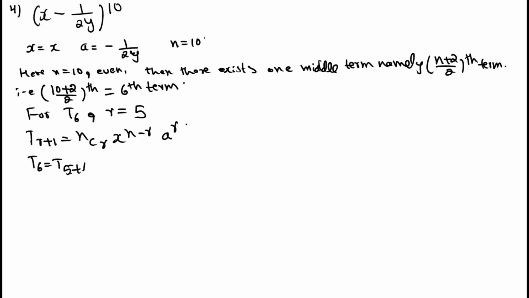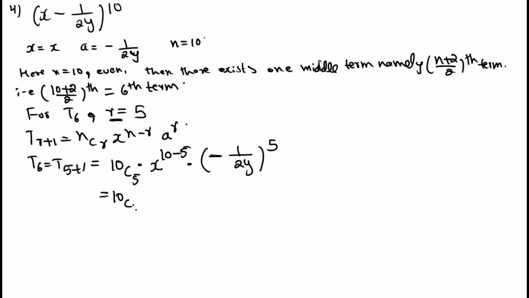Now r value is 5, so it's equal to 10C5 into x to the power 10 minus 5 into a to the power r, that is (minus 1 by 2y) to the power 5. So its value equal to 10C5 into x to the power 5 into (minus 1) to the power 5 into (1 by 2y) to the power 5.